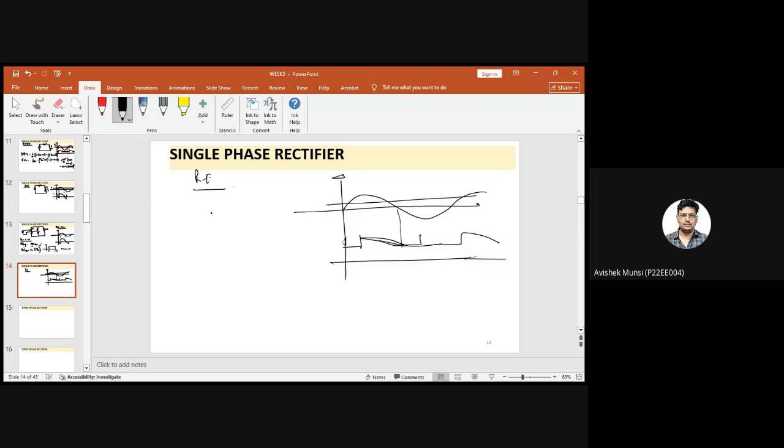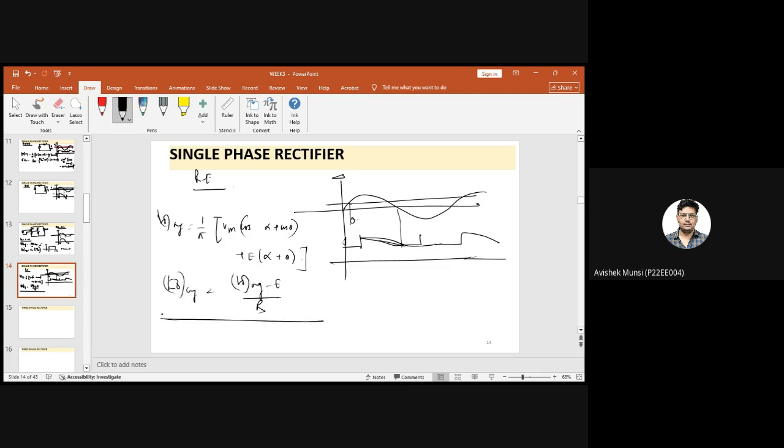Here, if this is theta, then the thyristor turn-off time will be, this is theta, 2 pi theta. So V0 average will be 1 by pi, Vm (cos alpha plus cos theta) plus E (alpha plus theta). And I0 will be V0 average minus E by R. Simple. Okay.